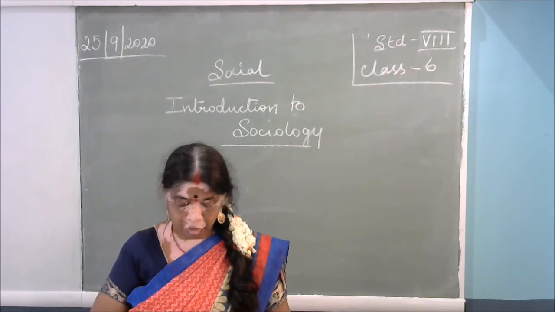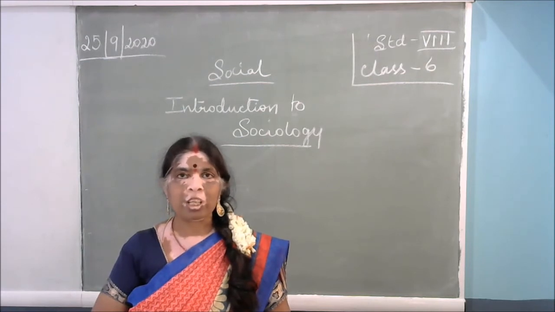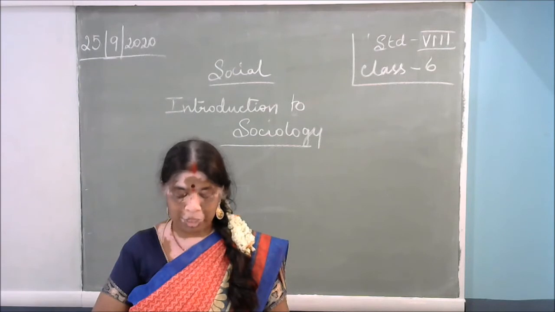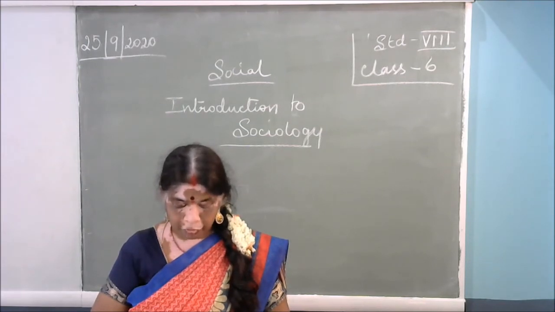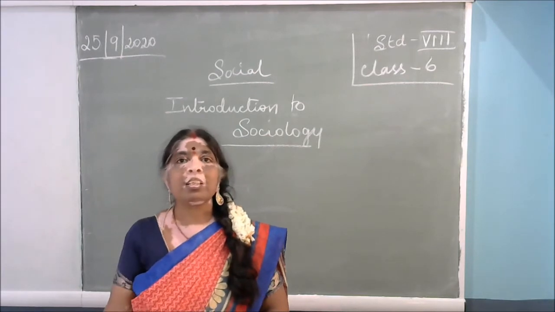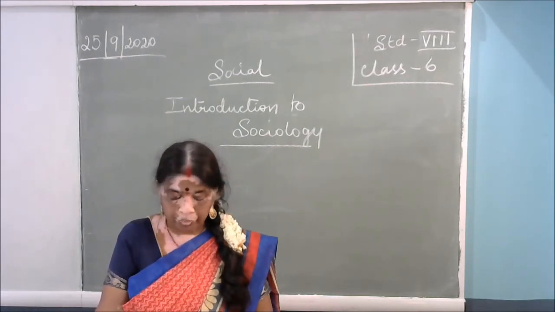Human beings are different from other animals and are intellectual beings. There are a lot of differences between animals and human beings. You all know very well that the differences are many.